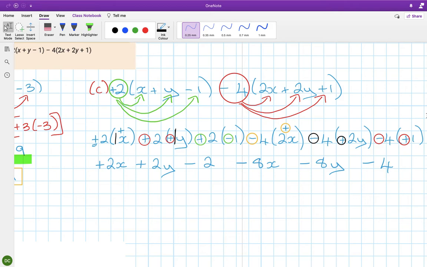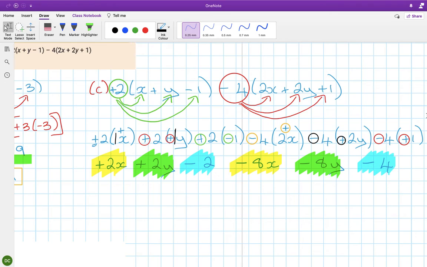Okay, so I've got 2 things from the x family. I have 2 things from the y family. And then I have 2 things from the constant family. Right?